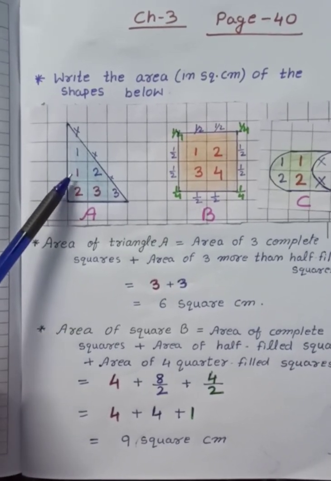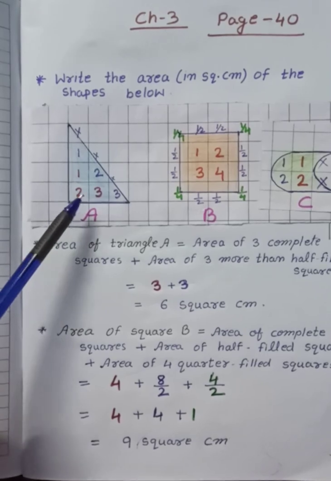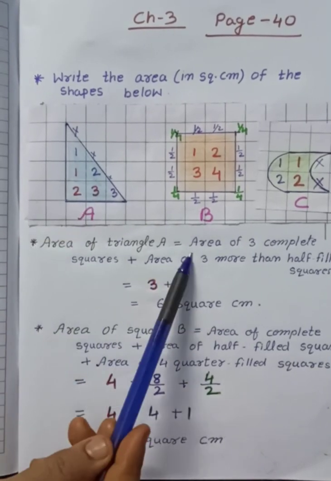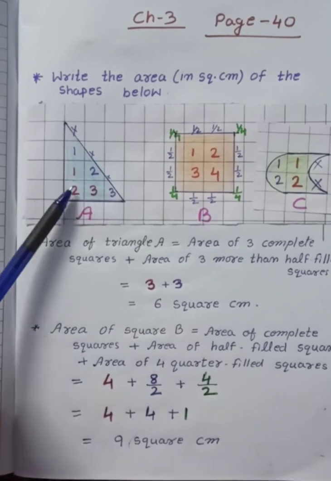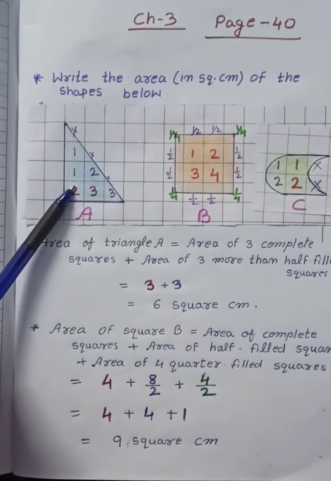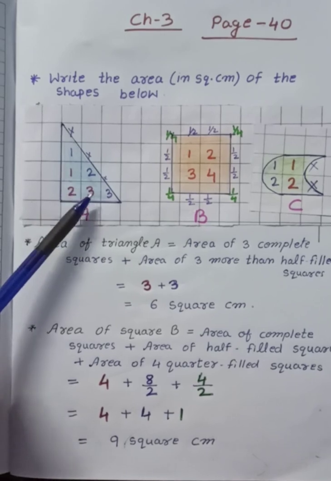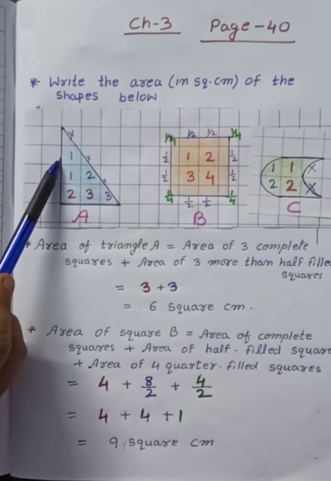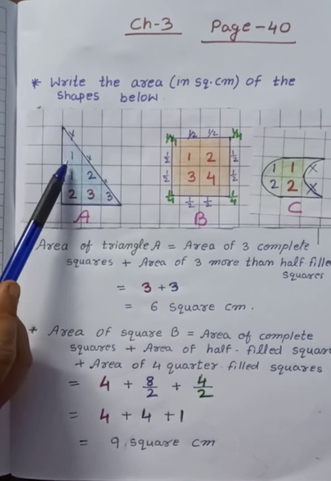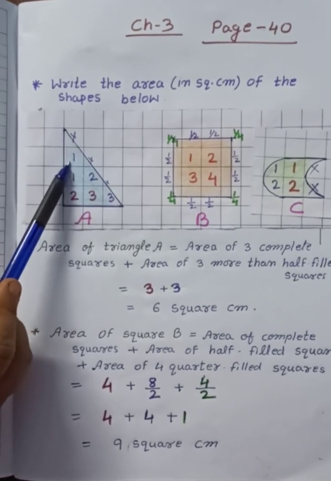You can see here 1, 2 and 3. So area of 3 complete squares plus area of more than half filled squares. So children, you have to see here, more than half.